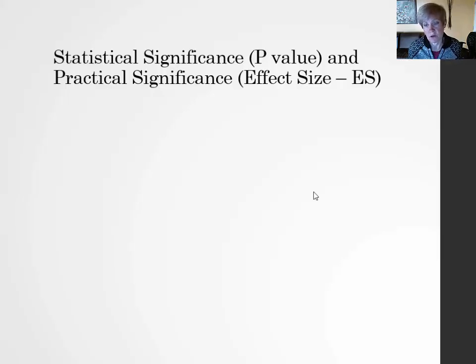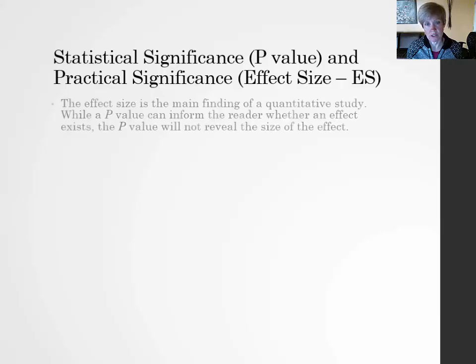That means that there's a small chance that it would have occurred naturally without that particular intervention or whatever that study was trying to do. So statistical significance and practical significance are not the same thing. Statistical significance is really about the numbers, and practical significance suggests that, while it's statistically significant, is it practically significant for us to make changes? Let me see if I can explain that in a little more detail here.